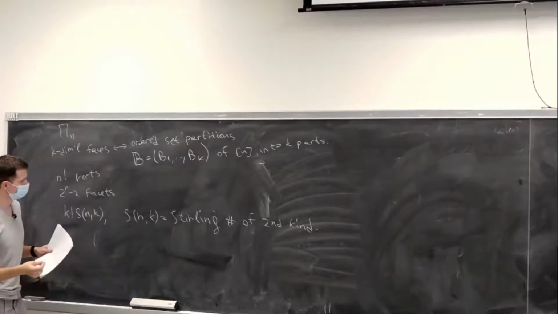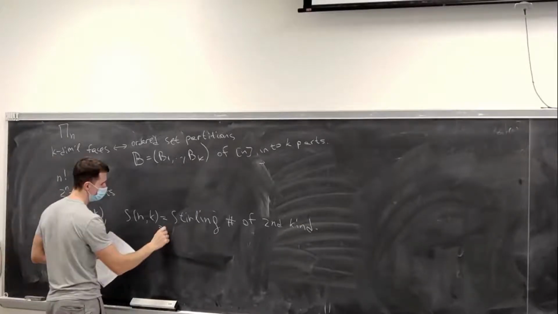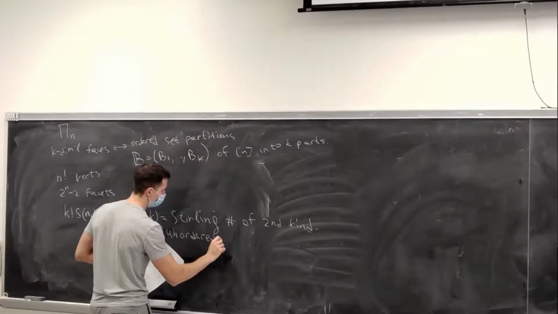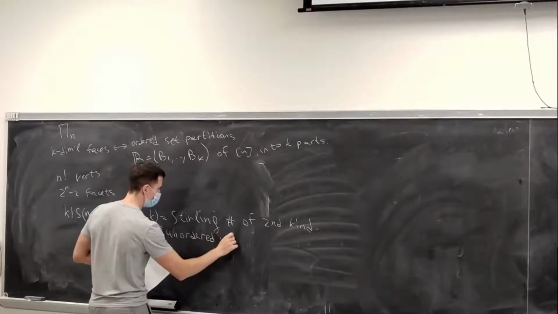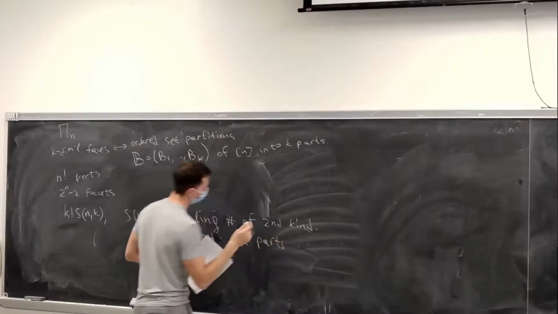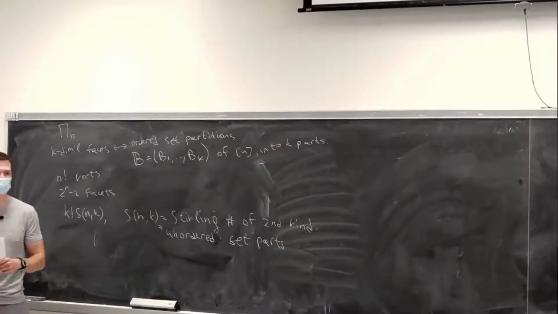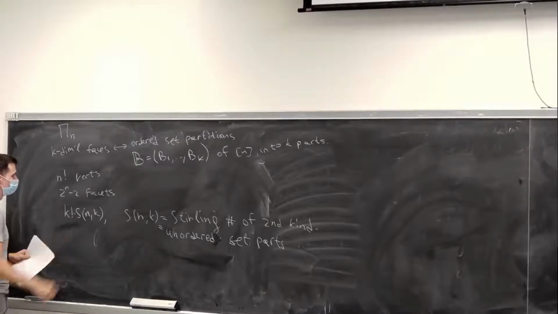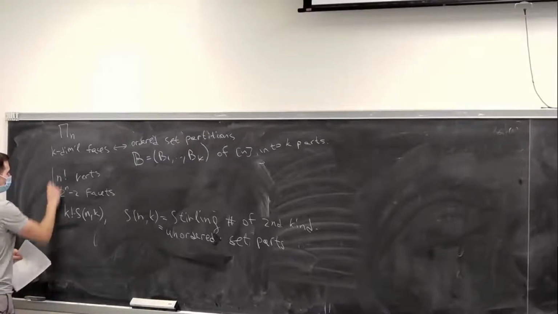So in other words, these count unordered set partitions of bracket n into k parts. Then you multiply by k factorial, and so you get ordered set partitions. And this is all very nice.